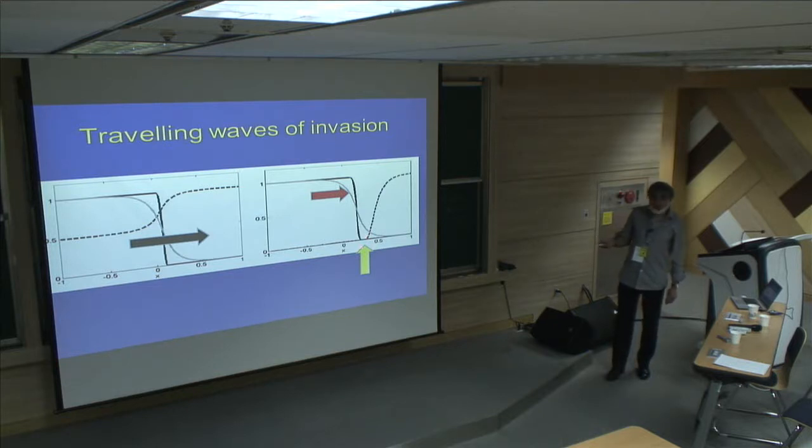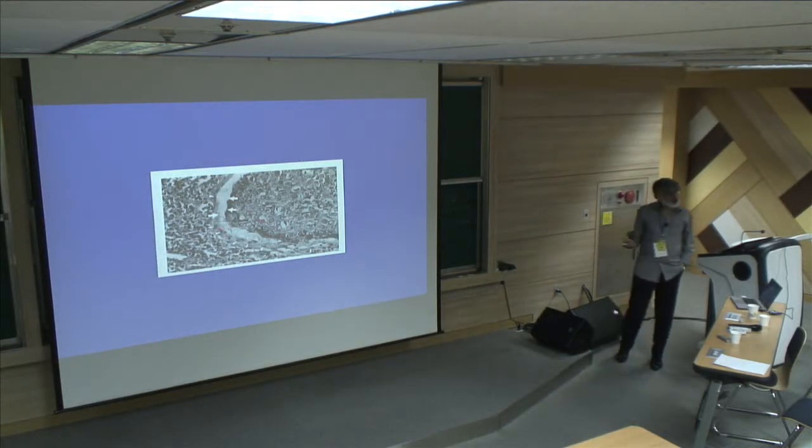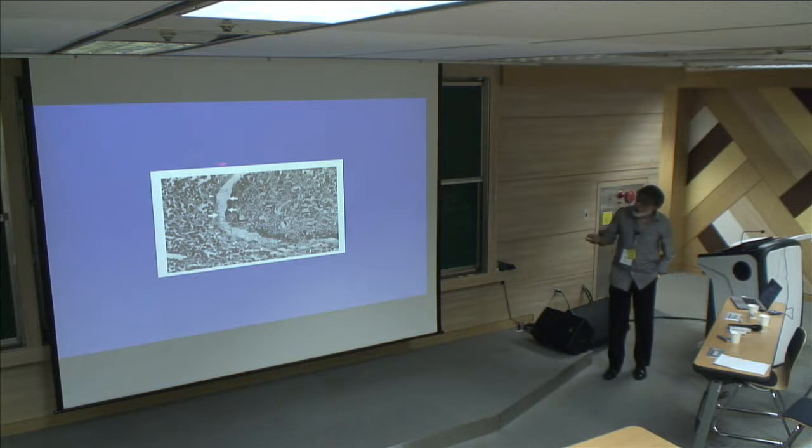So this model made a prediction that there should be an acellular gap between the tumor cells and the normal cells. And then he looked at some head and neck cancers, and in about 1/3 of them, he found this gap that was predicted by the model.